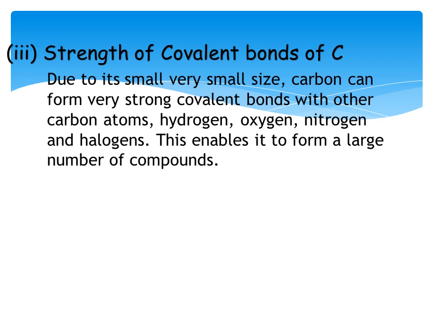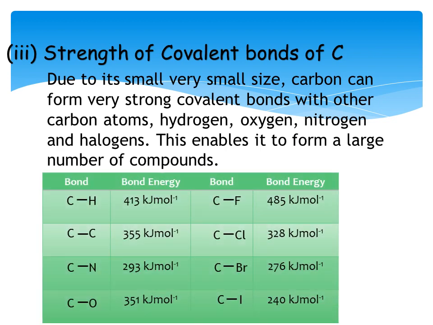As far as the third important criterion is concerned, it is related to the strength of covalent bonds of carbon. Carbon, being very small in size, forms very strong bonds with hydrogen, oxygen, nitrogen, and halogens, and this enables it to form long chains of carbon atoms. Mostly in hydrocarbons the bond is between carbon and hydrogen.